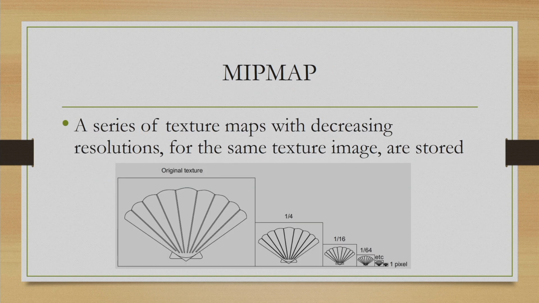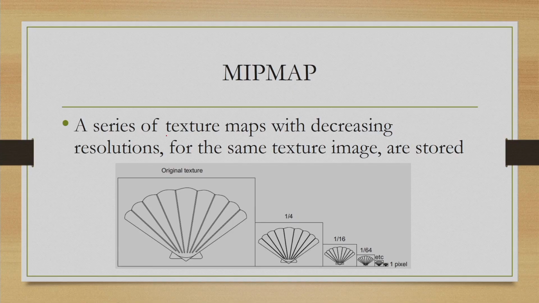Earlier we talked about creating one texture pattern. Now in this MIP map technique we are creating more than one texture pattern. In fact, we create a large number of texture maps with decreasing resolutions for the same texture image, and we store them.